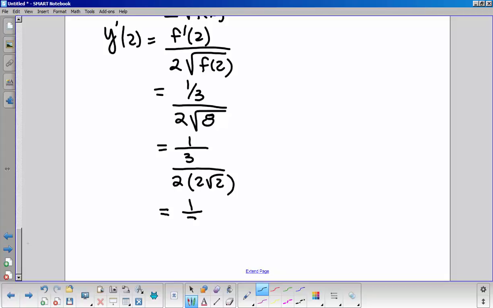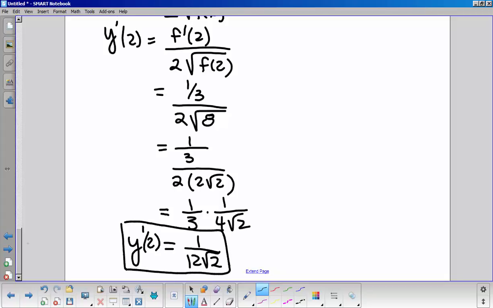So this is going to be 1/3 times 1 over 4 root 2. So this is 1 over 12 root 2, and we're adults. We don't have to rationalize, right? You okay with that?